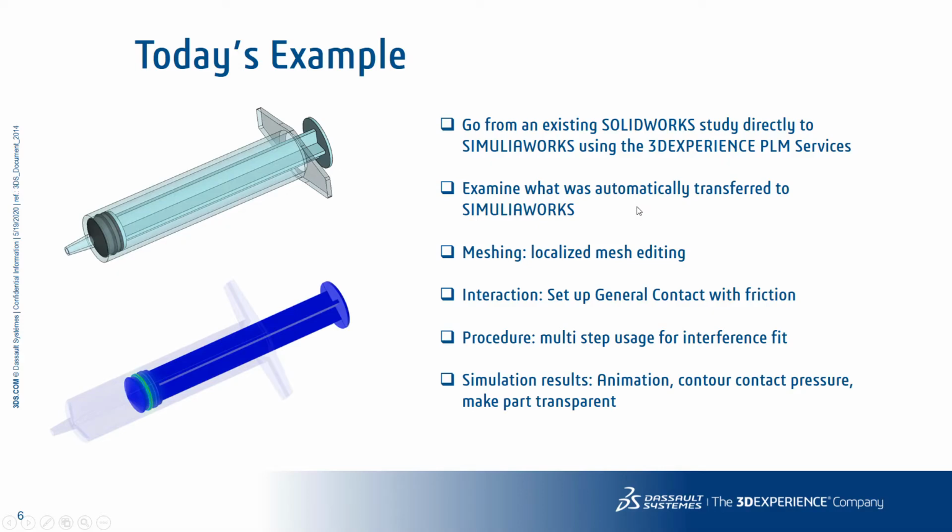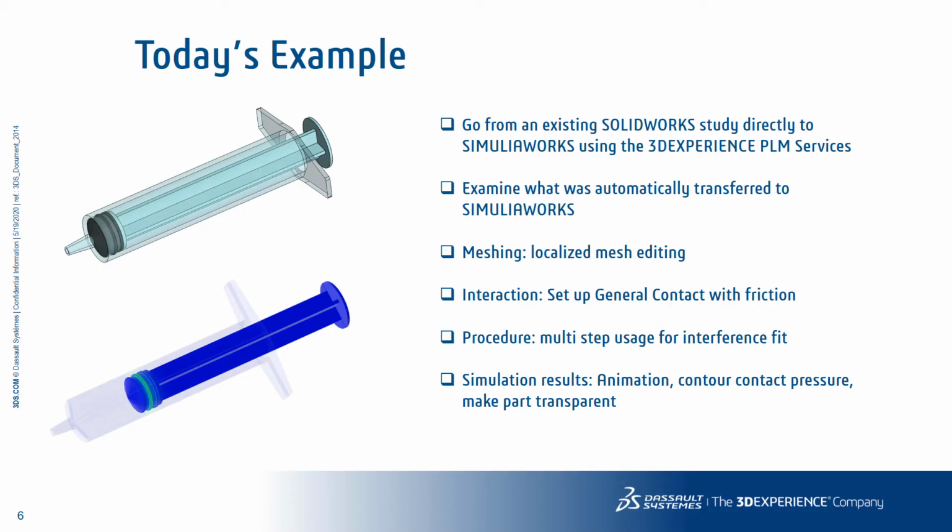We will examine what was automatically transferred, how the mesh as well as the contact conditions are transferred over, how to set up a multi-step analysis in SIMULIAworks, and last but not least, how to view your results and create animations, contour plots, make parts transparent, and things of that nature.